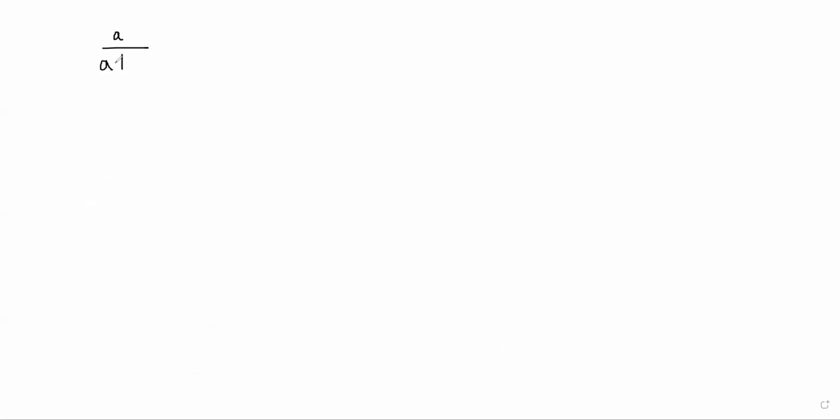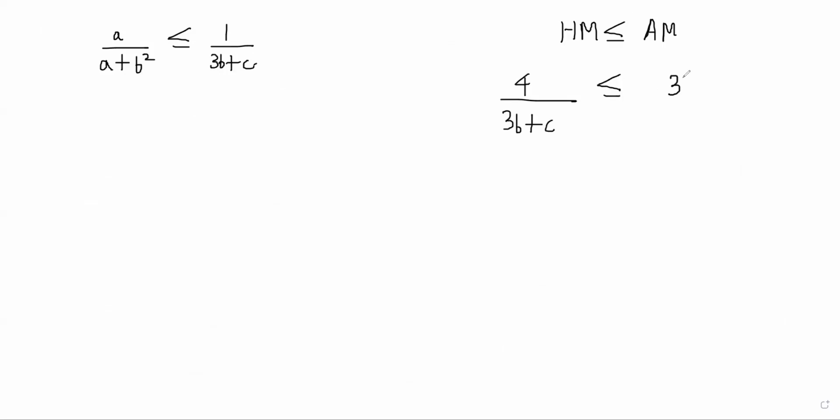We have established so far A by (A plus B) square is less than 1 by (3B plus C). Let's apply AM, GM, HM on this. So HM is less than or equal to AM. So we know that 4 by (3B plus C) will be less than or equal to (3B plus C) by 4. This is the HM of B, B, B, and C. This is the AM of B, B, B, and C, right?